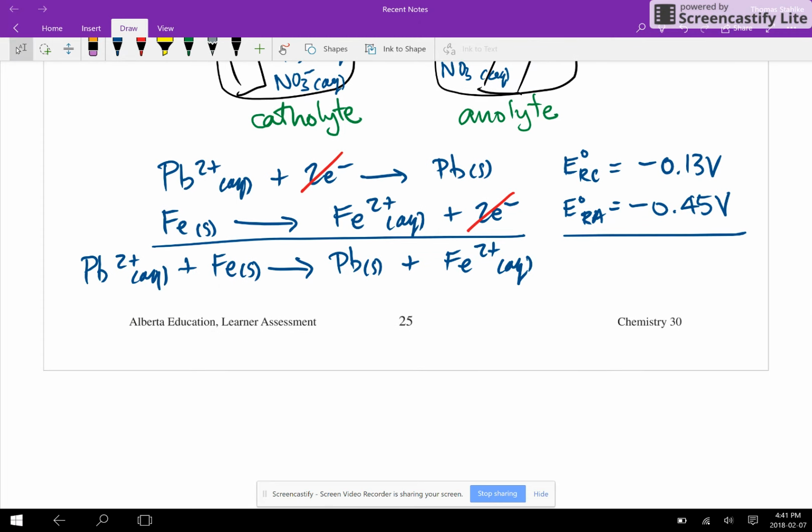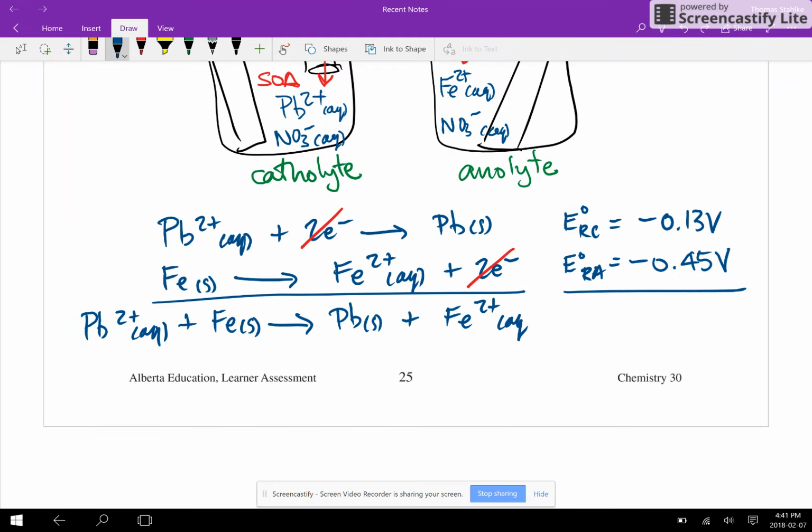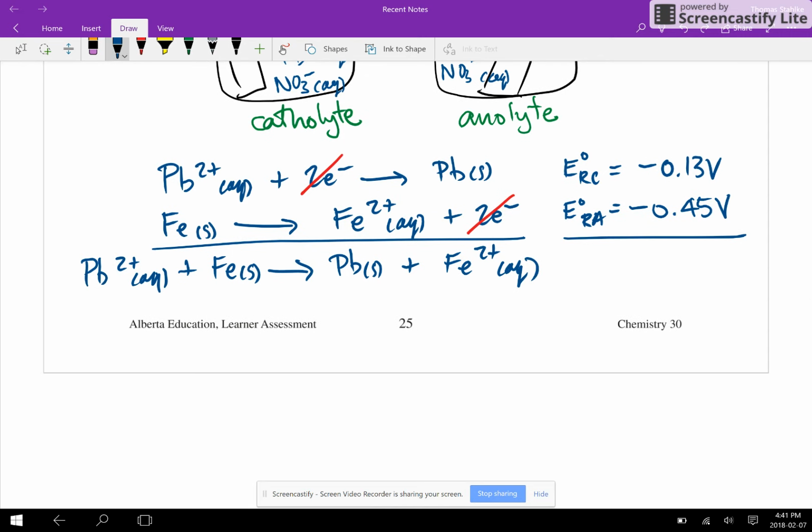So if we check the reaction is balanced, there's a 2 plus charge on the left-hand side and a 2 plus charge on the right-hand side. Let me just use a different color here. So there's the 2 plus charge and the 2 plus charge, showing that the redox reaction is balanced.